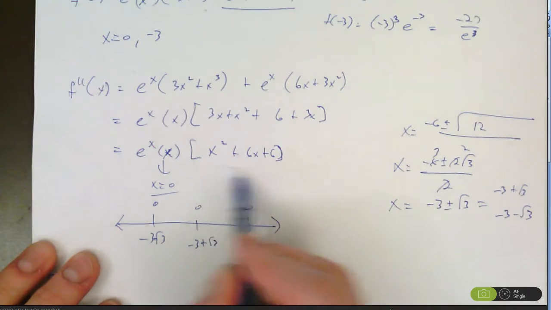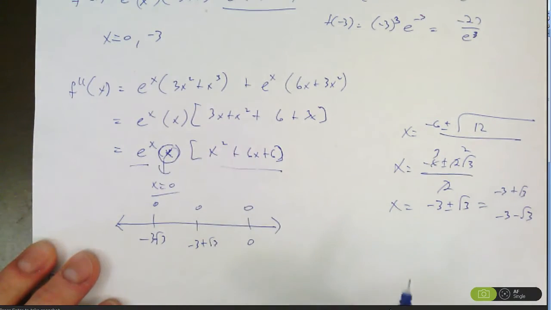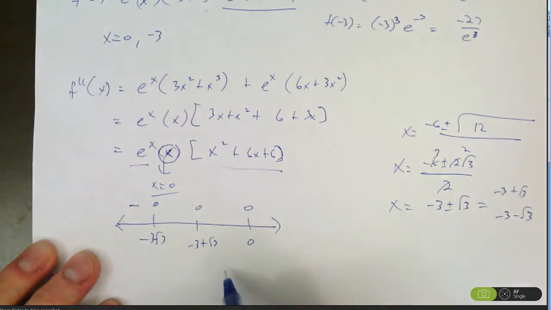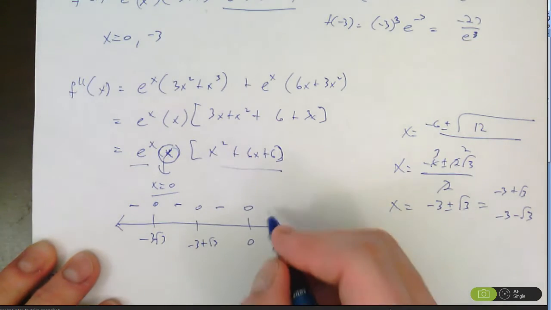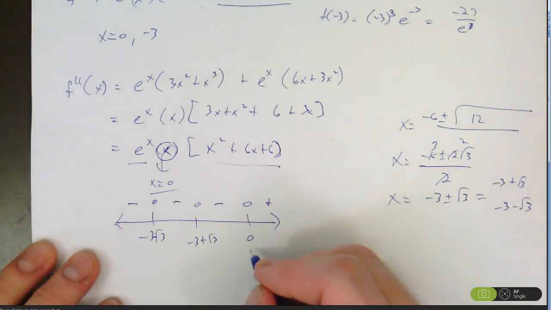What happens is this is always positive, this is always positive, so this guy is our real workhorse. So this is negative, this is negative, this is negative, this is positive. So our change of inflection is at 0, 0.